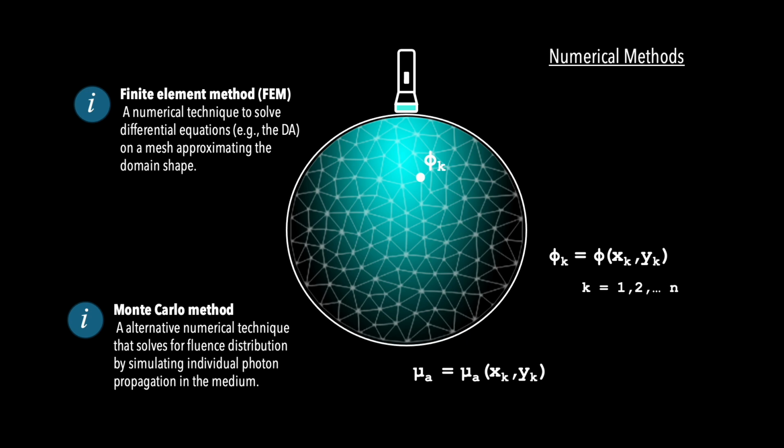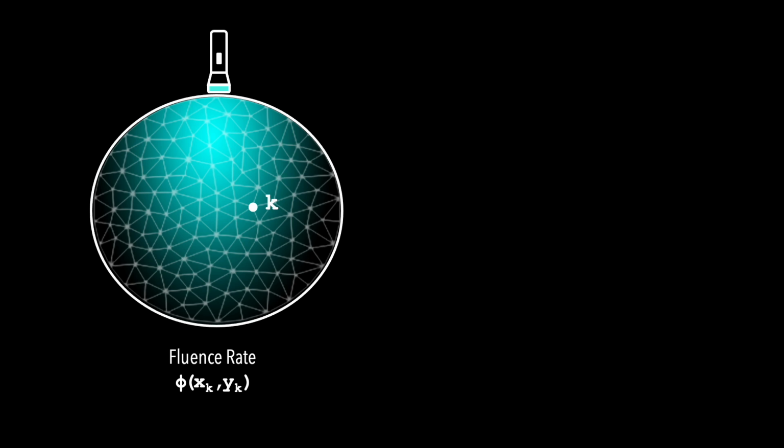Monte Carlo involves fewer assumptions than the finite element method and offers greater accuracy in some types of problems. However, because finite element is faster and its accuracy is satisfactory for most neuroimaging applications, it is the numerical tool used in NeuroDOT. Finite element analysis can be applied to determine the fluence rate distribution generated by an arbitrary collection of external light sources.